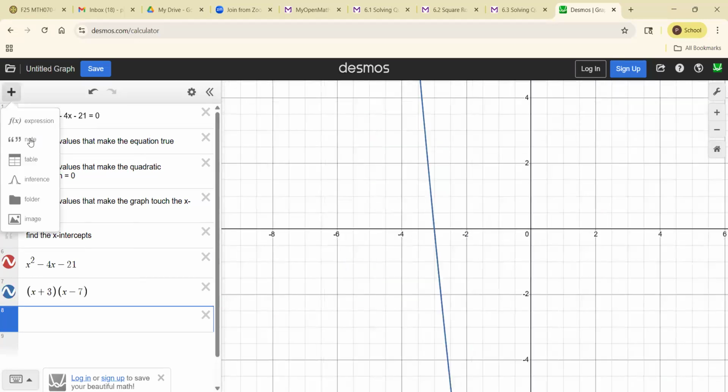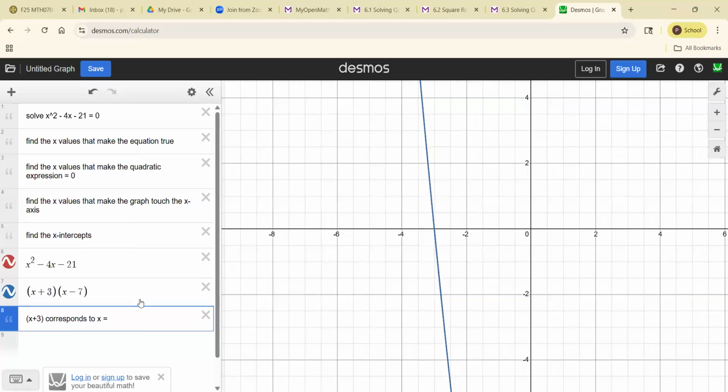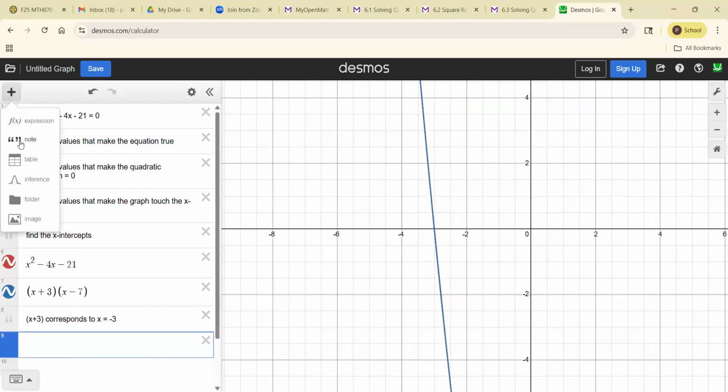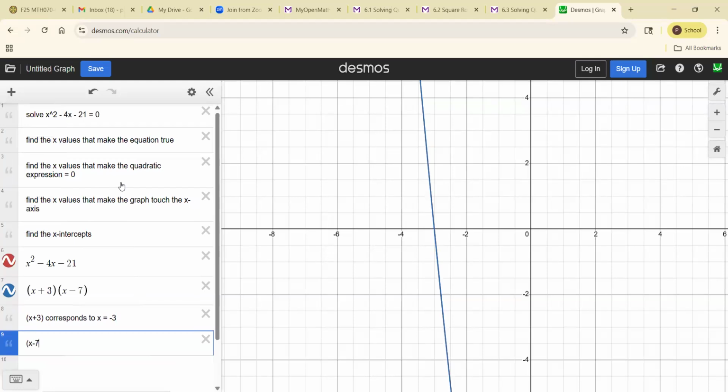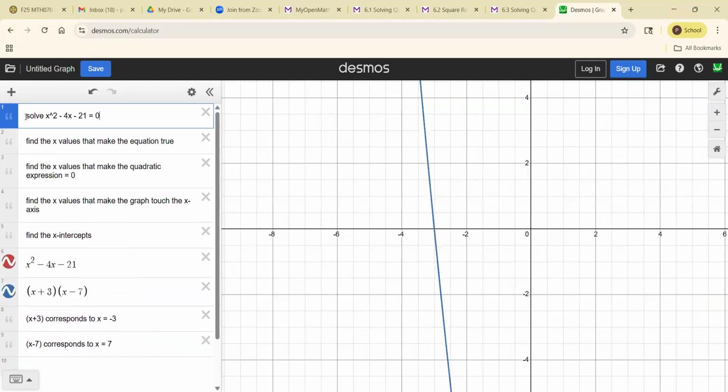So that means x plus 3 corresponds to x equals -3, and x minus 7 corresponds to x equals 7, and those are my solutions, x equals -3 and x equals 7. So by factoring my quadratic equation, I can find out the solutions to my original. Let me say it again. By factoring the quadratic expression, I can find out the solutions to my original quadratic equation.